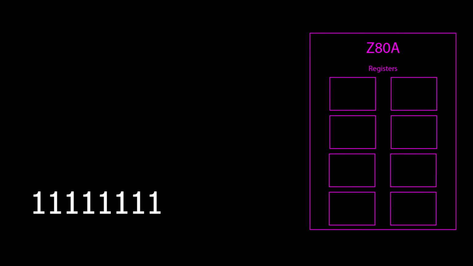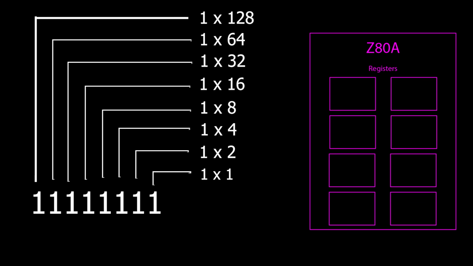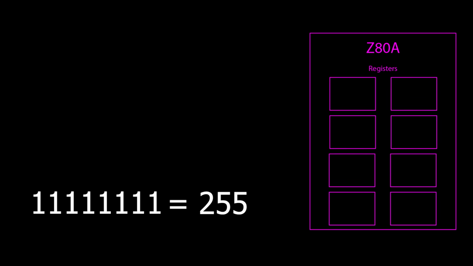We can work out the decimal equivalent of this by multiplying the place value for each digit. And if we add all those together, we get 255. So each register in an 8-bit microprocessor like the Z80 can store numbers from 0 to 255. You may have heard this size of binary number referred to as a byte.